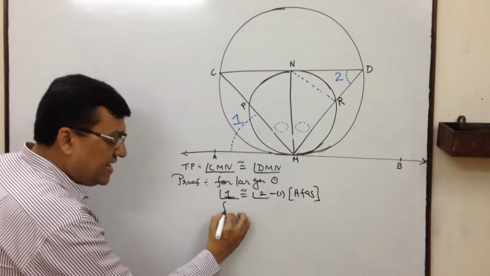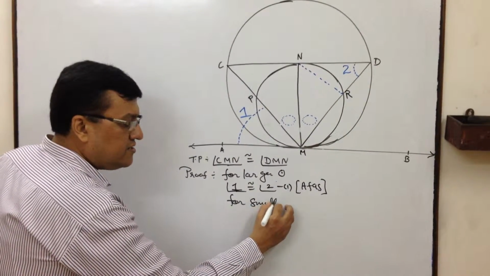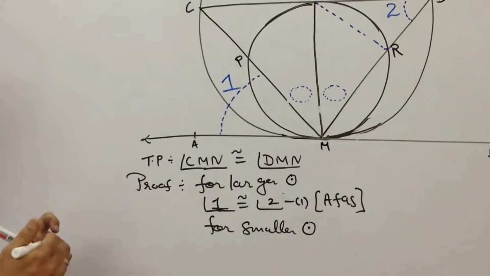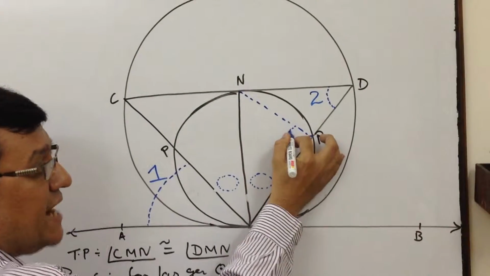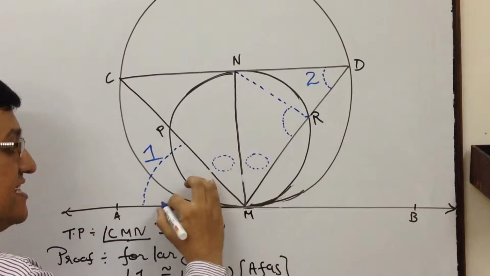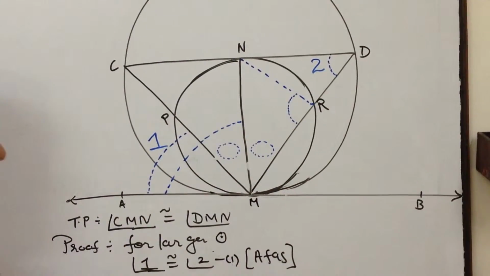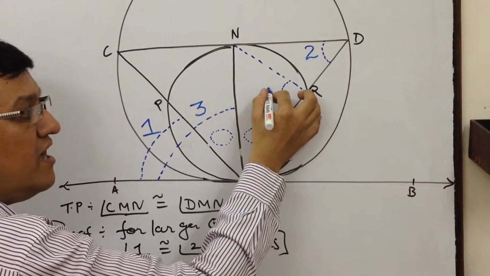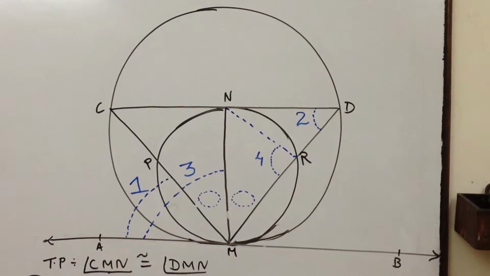In parallel, I need to focus on the smaller circle. For the smaller circle, this becomes the inscribed angle, and this whole becomes your tangent secant angle. Let me name them: this is angle 3 and this is angle 4.